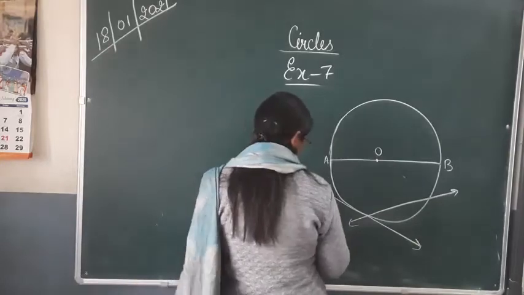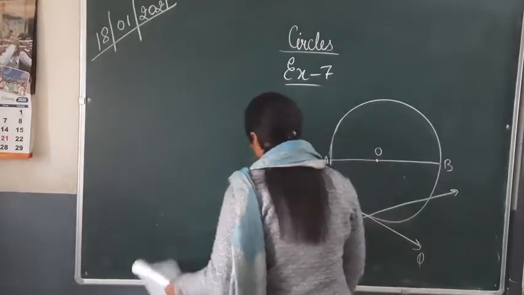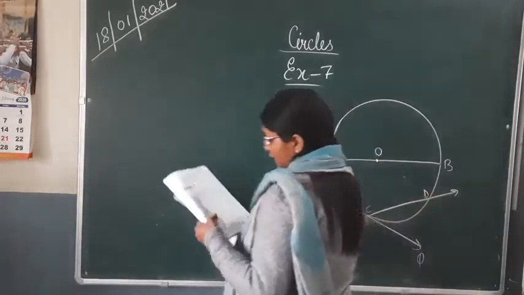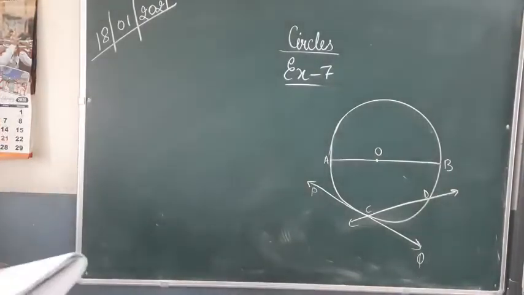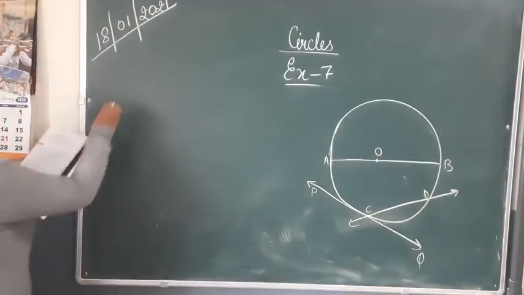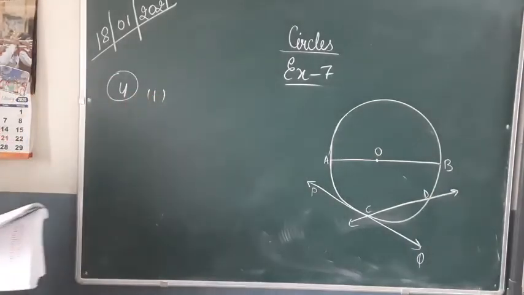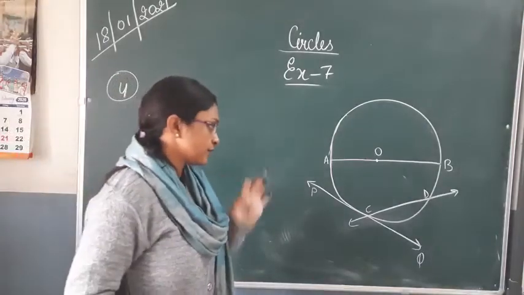PQ, CD. Okay. Now it is given that these are the points. Now what is asking? O is the center of the circle. O क्या है? Center है. ठीक है. Fill in the blanks with reference to the figure. Now we have to fill in the blanks with reference to a figure.